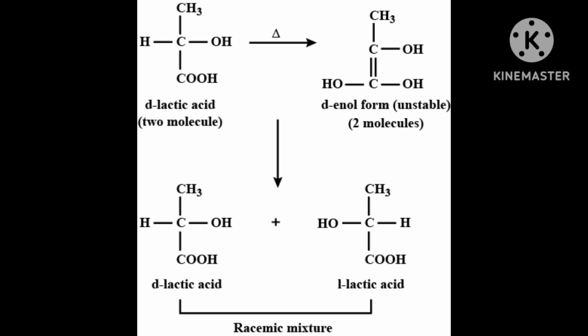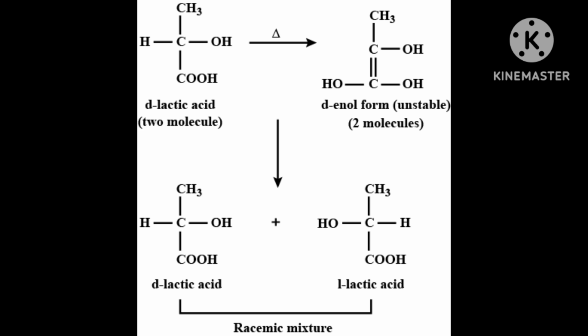Here one group is up above the paper, another dash is down below the paper, and the other two are on the paper. Total 4 groups.